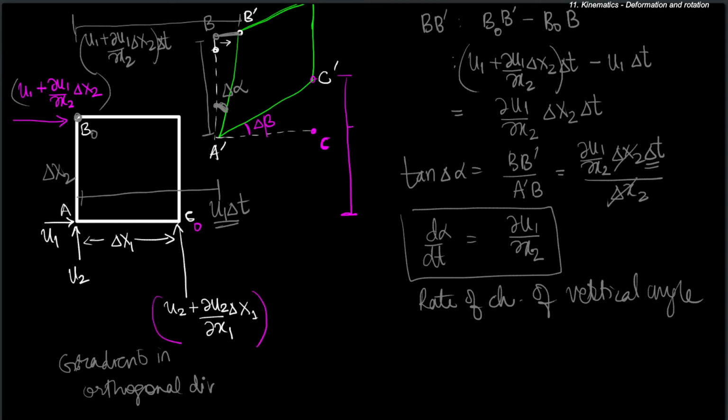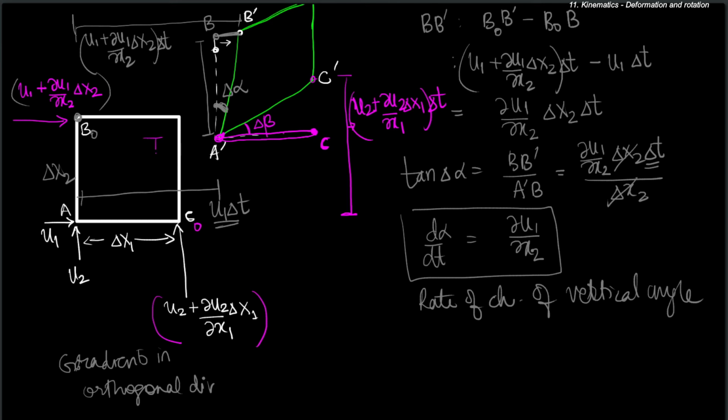Hence this particular length will be equal to u2 plus del u2 del x1 delta x1 times delta t. Whereas this distance is going to be the same because C0 is like the original point. So they are at the same level.